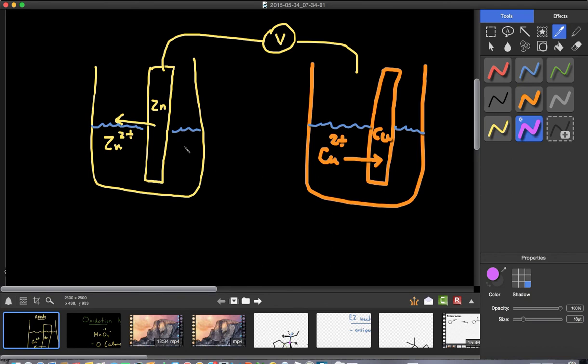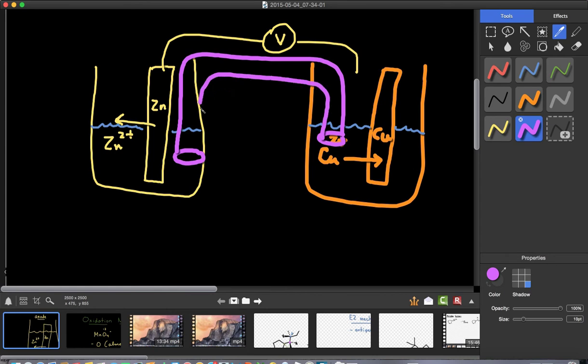And of course, we have a salt bridge. Now we're going to talk about the role of the salt bridge momentarily. And remember, we have K plus and we have NO3 minus.